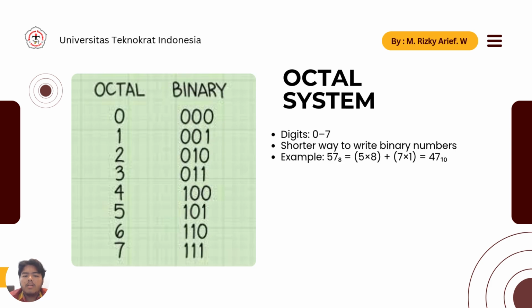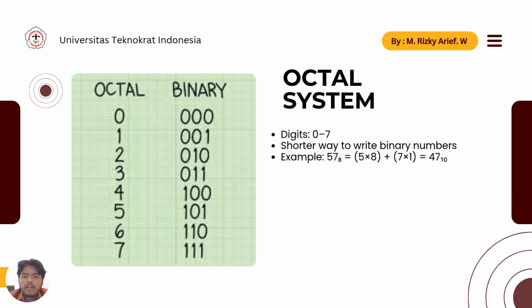Next, the octal system, also known as base 8. The octal system uses digits from 0 to 7. It's actually a shorter way to represent binary numbers because every three digits can be written as one octal digit. For example, the octal number 57 base 8 can be converted into decimal as 47 base 10.